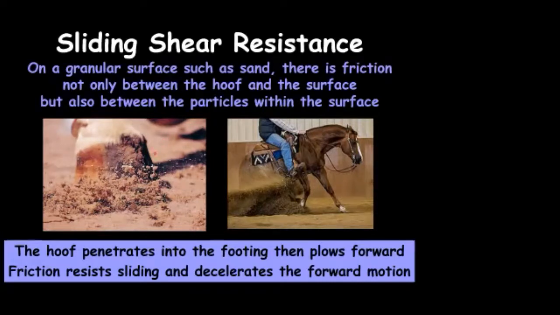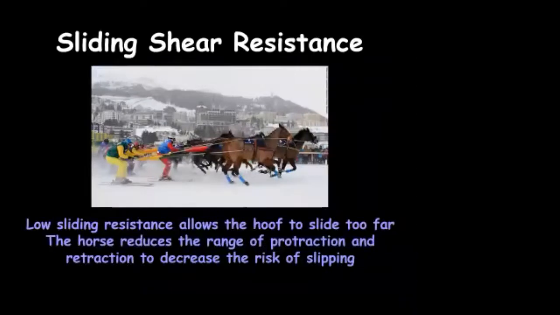But one of the clues that the foot is sliding through the surface is when you see this sand being pushed up in a little wave in front of the hoof. That indicates that the hoof is sliding through the sand and pushing the sand ahead of it. So when the sliding resistance is low, it allows the hoof to slide too far.